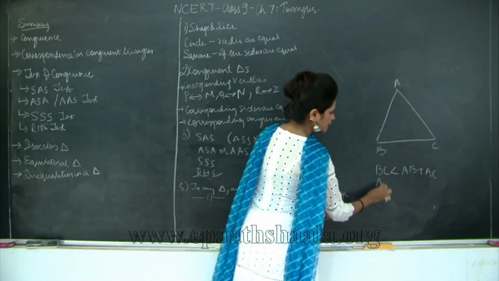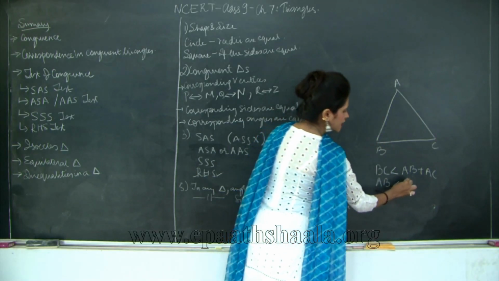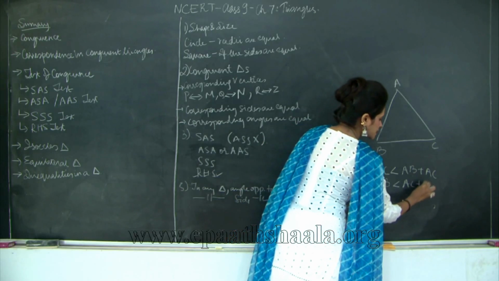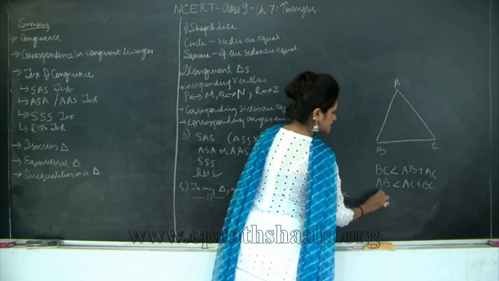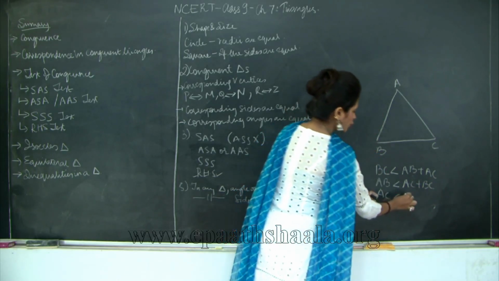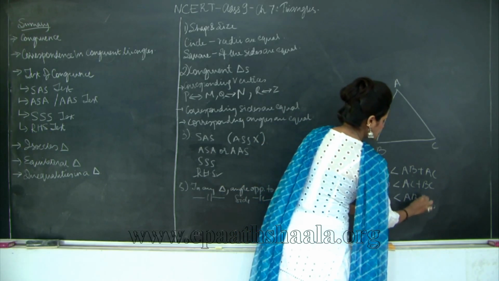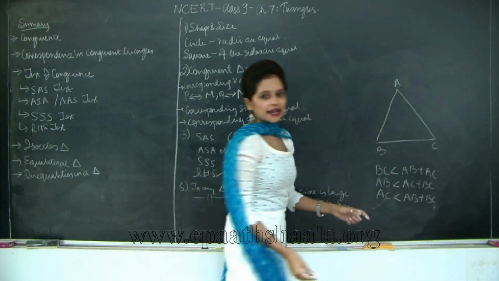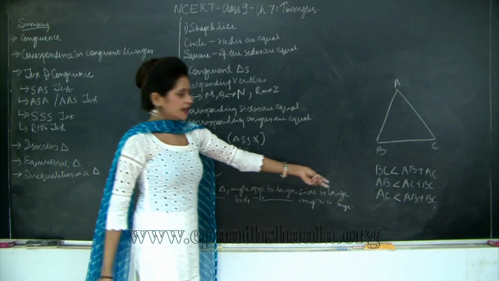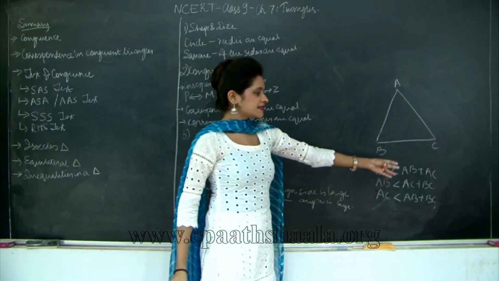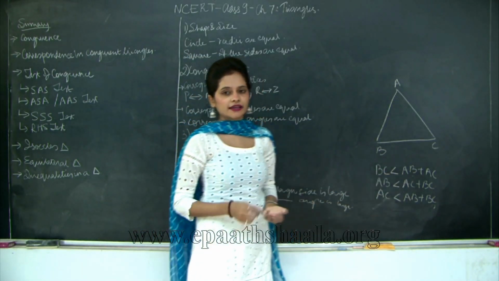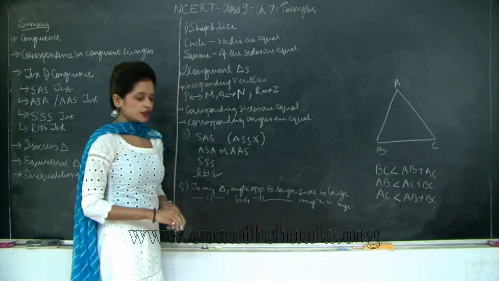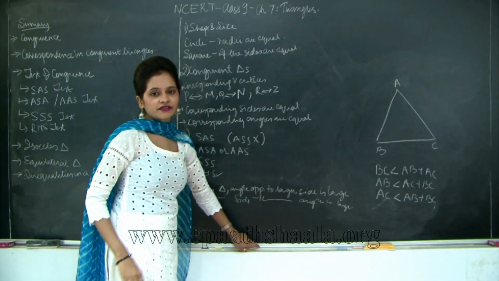Similarly, AB will always be less than AC plus BC. Similarly, AC is always going to be less than AB plus BC. So what is the last inequality? That any one side is always going to be less than the sum of the remaining two sides of a triangle. So with this we wind up the summary as well as chapter 7, Triangles.